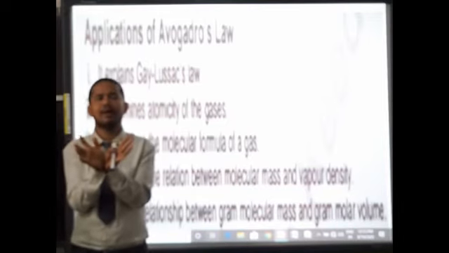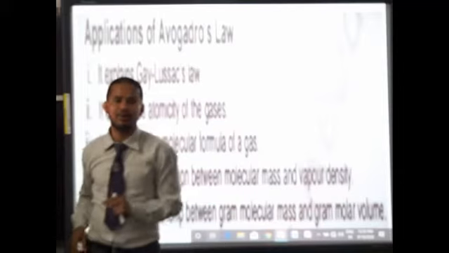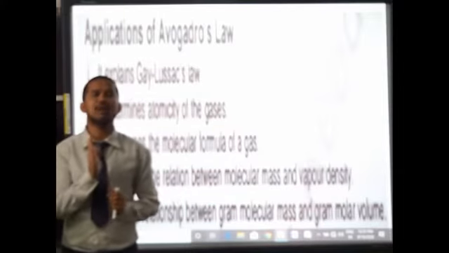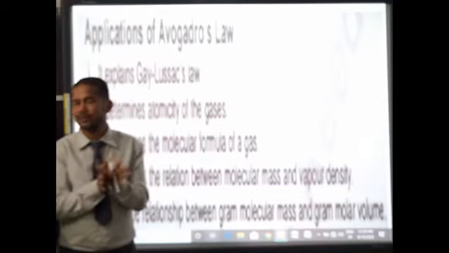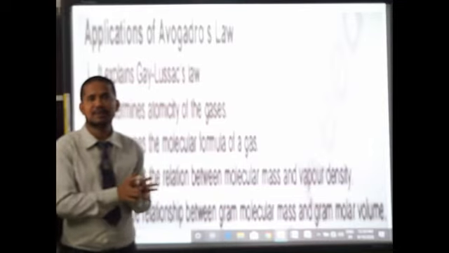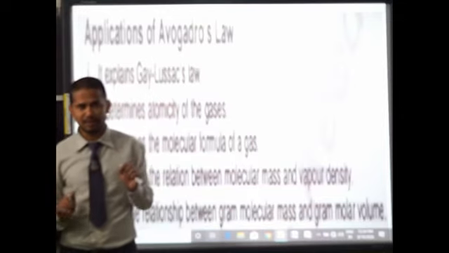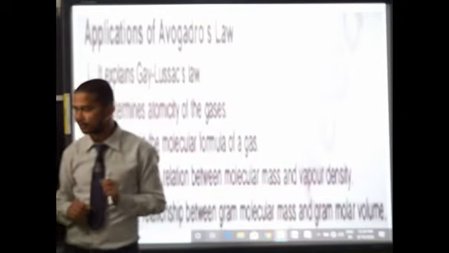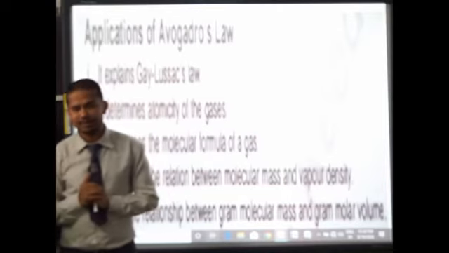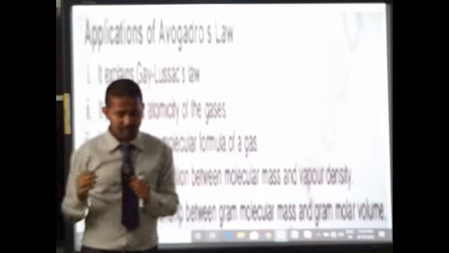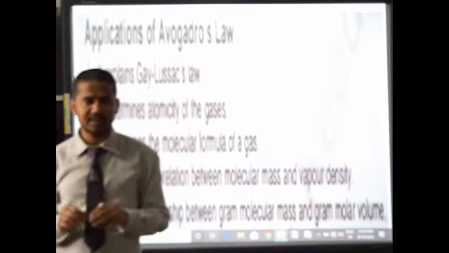But unequal volumes will not have the same number of molecules. Equal volume is needed, with temperature and pressure kept standard. Otherwise, they will not have the same number of particles. So, what are the things we can derive?